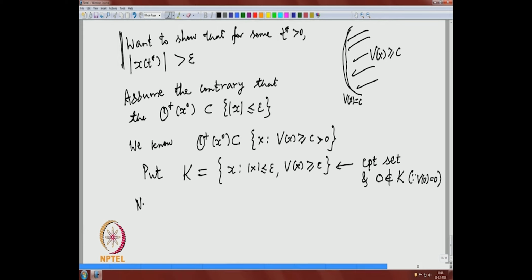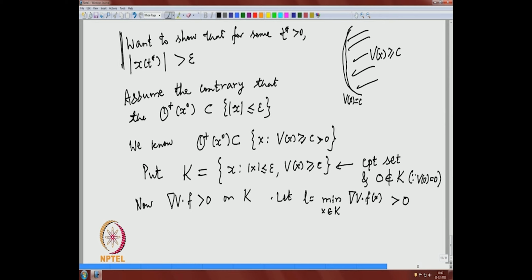So, now grad V dot f is positive on K, and K being a compact set, and 0 is not there, so let L be the minimum of grad V dot f, where you take x in K, and this is positive.